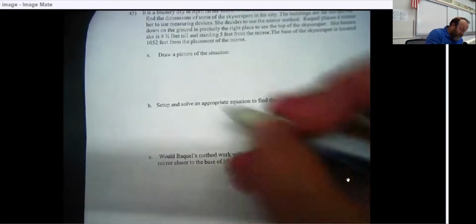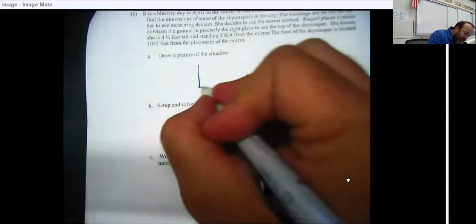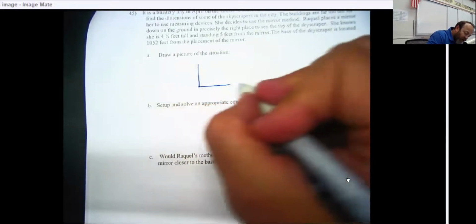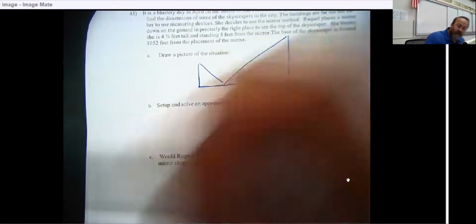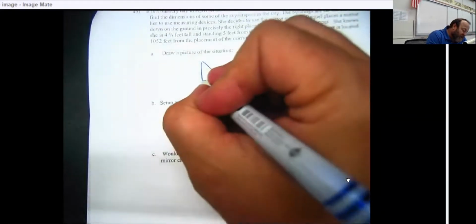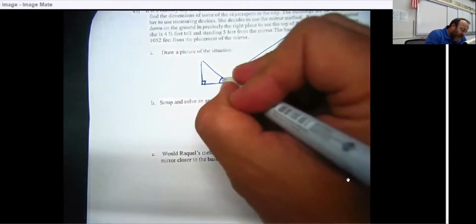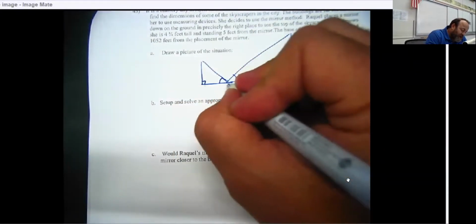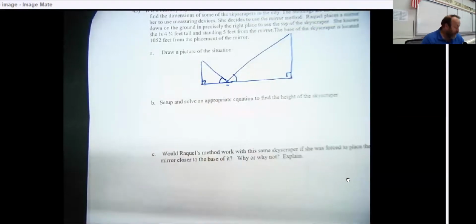So Raquel is here. She decides to look down at a mirror and see some building over here like this. And so not trying to draw it to scale, but we know that in the physics the angle that your view hits the mirror and the angle that it exits the mirror have to be the same. That's just sort of a nice little rule.